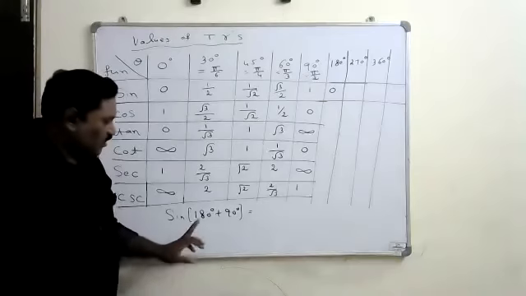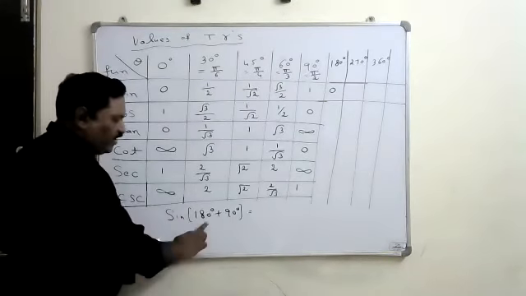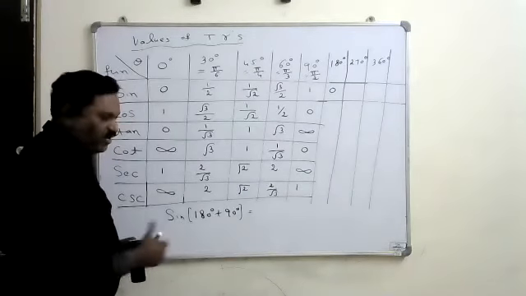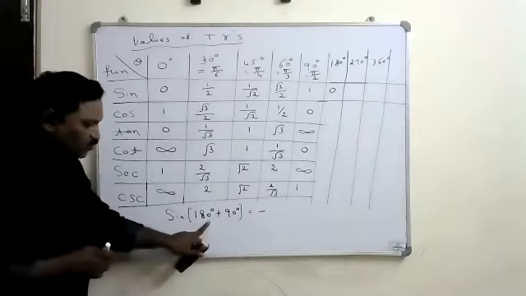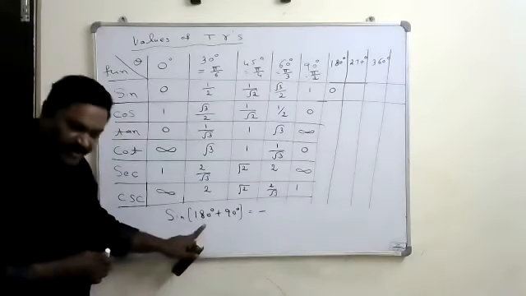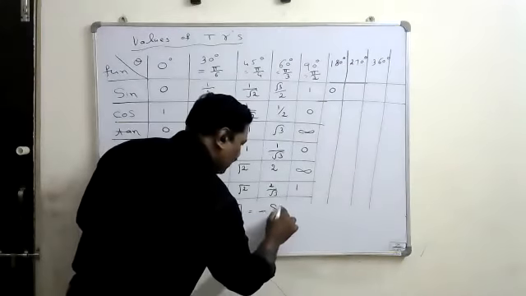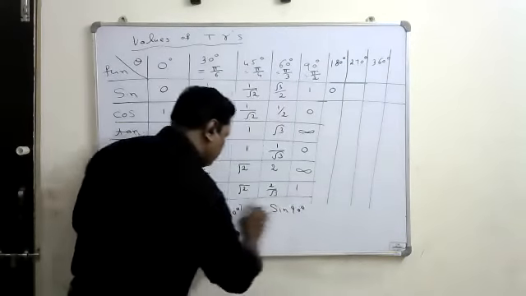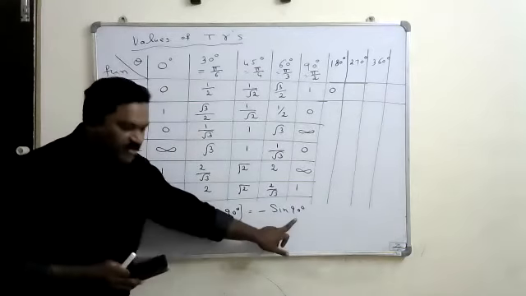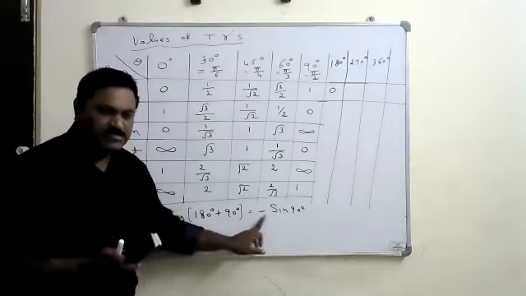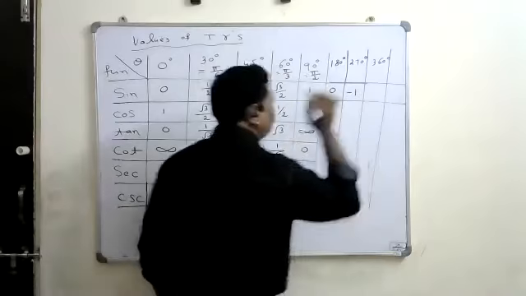Now it is in the form of 180 plus 90, an angle of the third quadrant, where sine is negative, so minus sine. The quadrant angle is 180, so sine remains sine. The second angle is 90 degree, so this is equivalent to minus sine 90 degree, where sine 90 degree is 1. Therefore, the total value is minus 1. Therefore, sine 270 is minus 1.